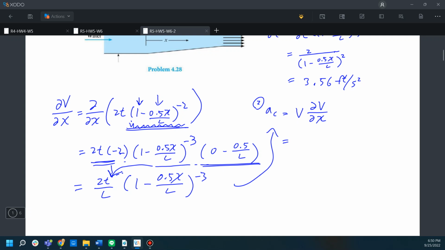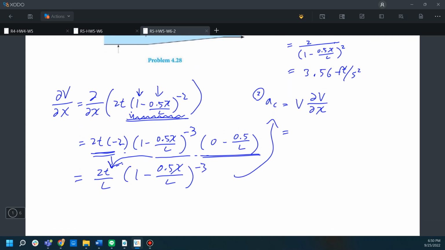So we know that v is 2t times (1 minus 0.5x divided by L) to the power of minus 2, and times the partial derivative with respect to x, that is equal to 2t divided by L times (1 minus 0.5x divided by L) to the power of minus 3.